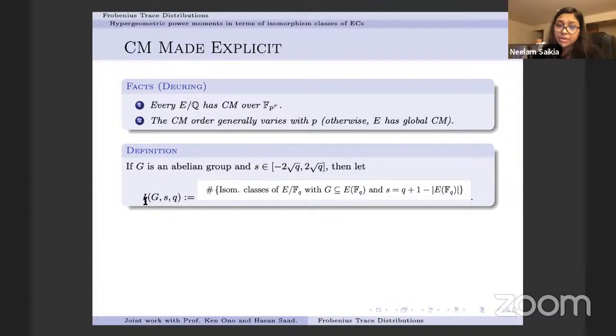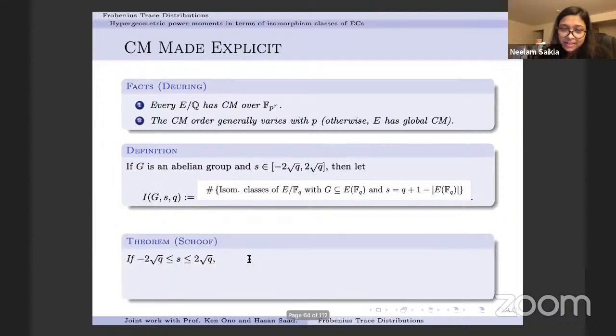So here we define this number I_G(s,q), defined as the number of isomorphism classes of elliptic curves whose trace is like this, and which has the fixed group like this, E[G] is contained in this group, and we denote this number by I_G(s,q). And this number is known for G equal to G_n times G_n. This number is known by Schoof's theorem.